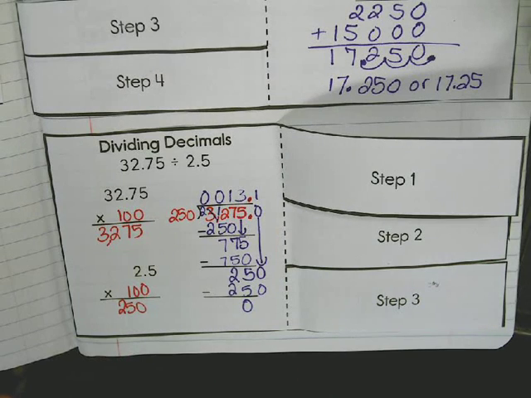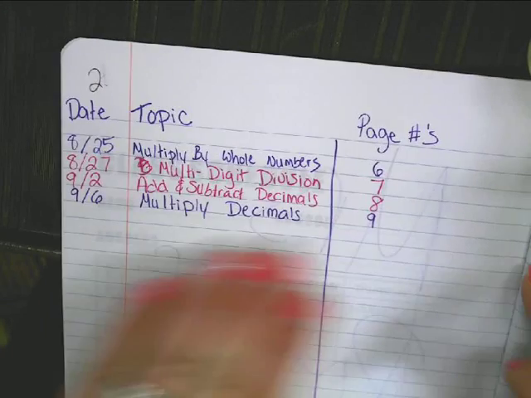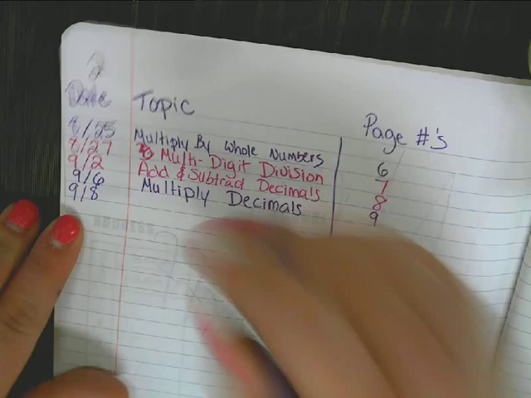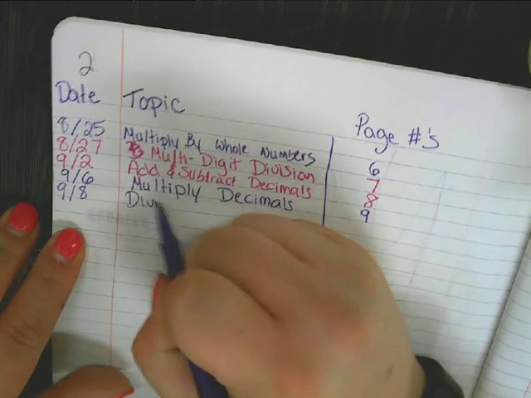Let's take back out your journal, or the topic. We've got to go to the front. What's today's date? So 9/8. What did we do today? Divide decimals. What page were we on?